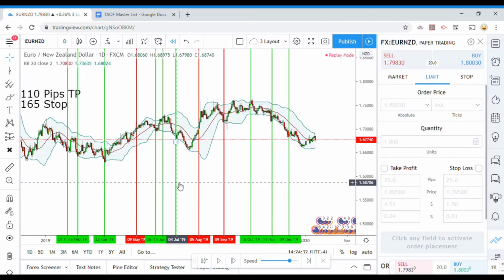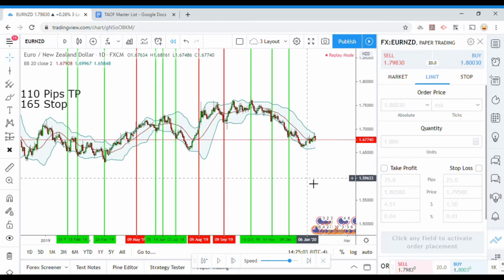1, 2, 3, 4, 5, 6, 7, 8, 9, 10, 11, 12. Out of 12 trades, we have 1, 2, 3, 4, 5, 6, 7, 8, 9. So, alright, it definitely met the 60%.